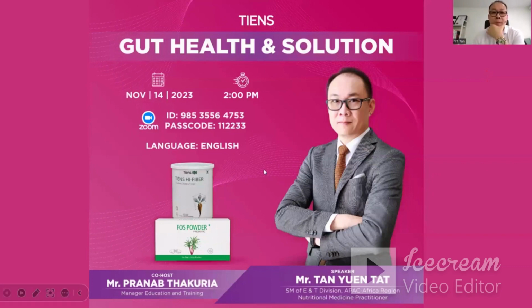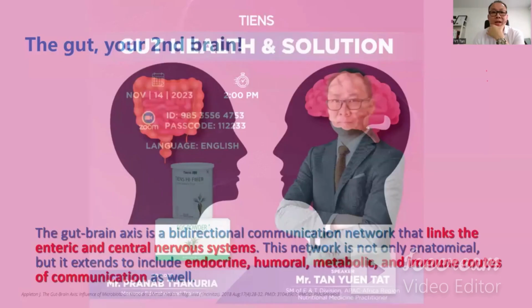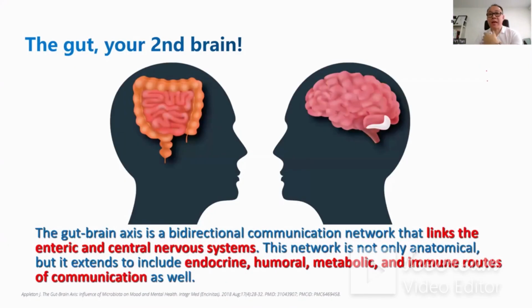Okay, so the gut is actually our second brain, if you have ever heard that. We have a gut-brain axis in our body. Your gut is talking to your brain consistently, every day, every minute.